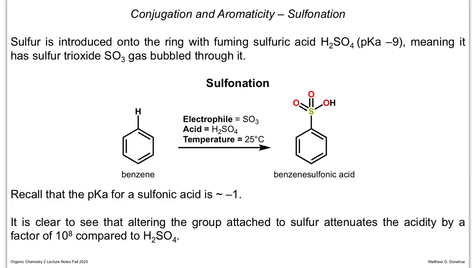So the next reaction is sulfonation. And so this is installing an SO3H group. So benzene will become benzene sulfonic acid.